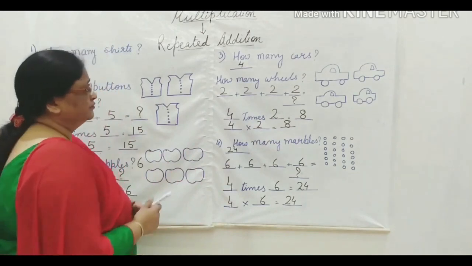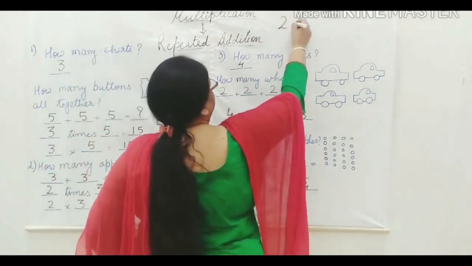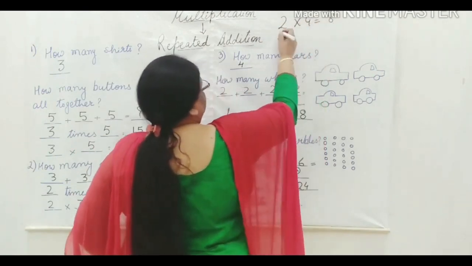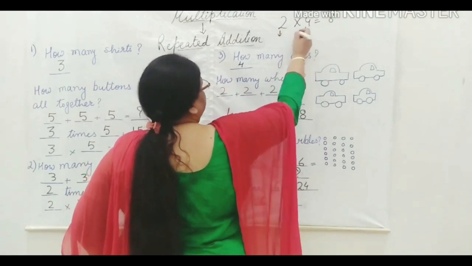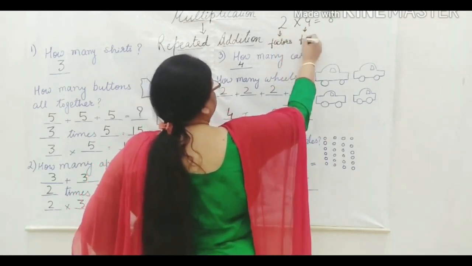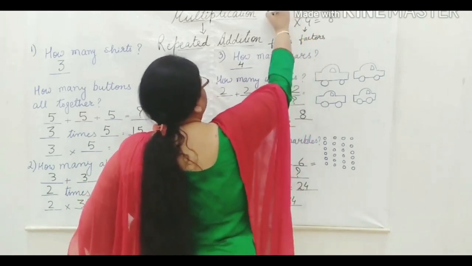And one more thing I want to tell you, just to give you the information. Suppose I have taken these two numbers: 2 4s are 8. Here both numbers are called factors. Okay, both are factors. And this is also called the multiplicand.